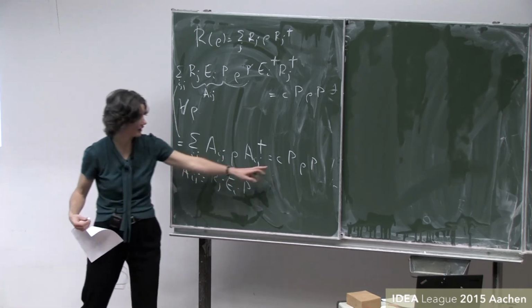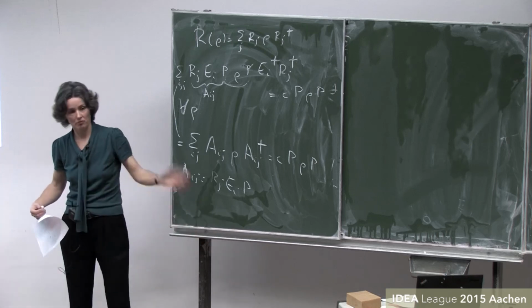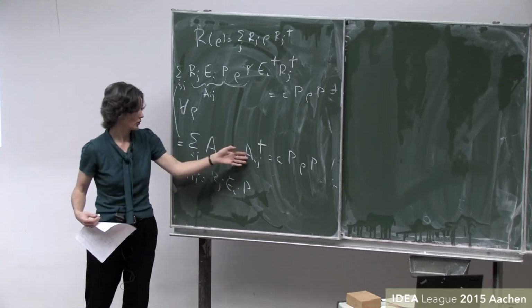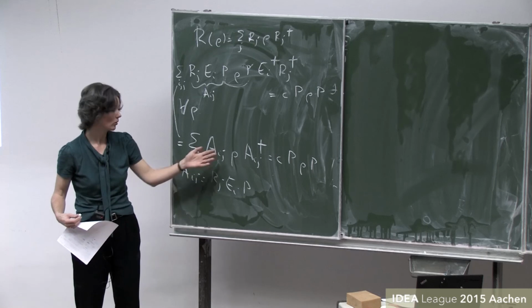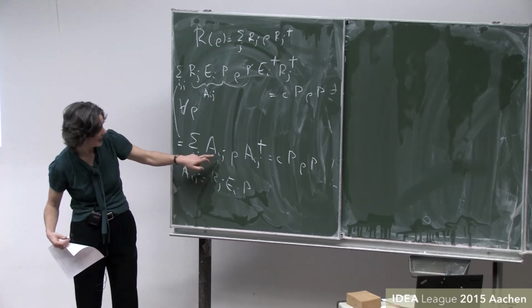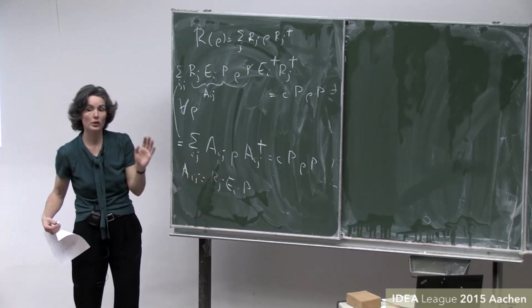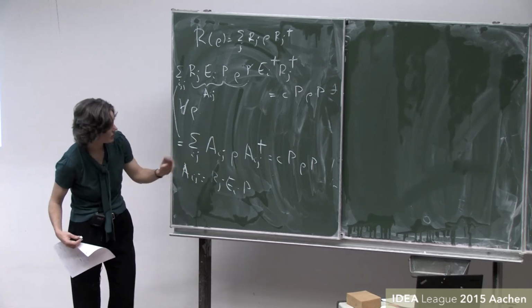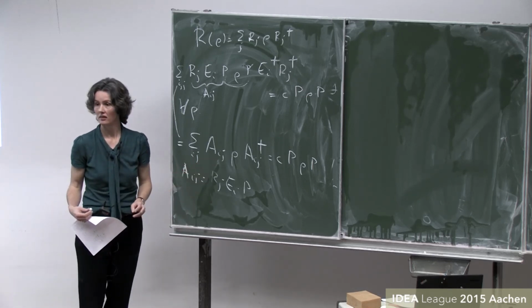Because the whole thing, and this is again something that you can prove more rigorously: if you have two super operators and this has to be true for all rho, then these a_ij have to be proportional to P, maybe with a coefficient that depends on ij.